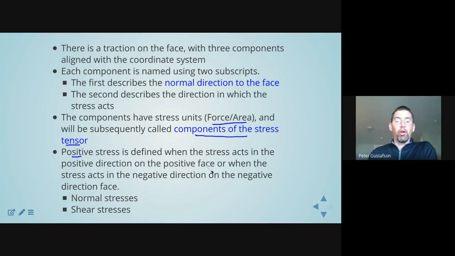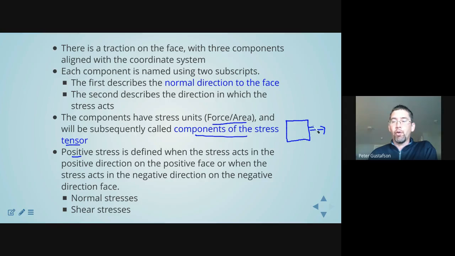Or alternatively, we'll also call it a positive stress when the stress acts in the negative direction on a negative face. Let me see if I can draw that for you. I'm doing this with my mouse, so forgive my less than stellar artistic ability. Here we have a normal face that's positive in the positive direction.